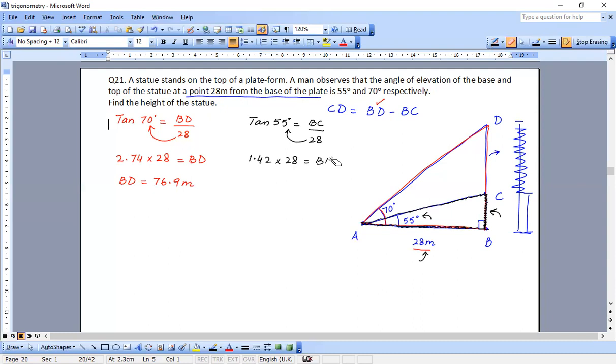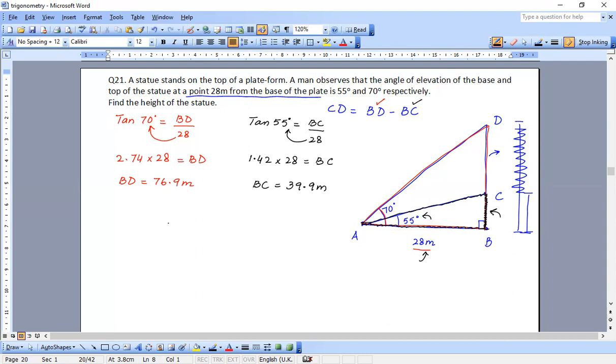This is BC. Here we go. So I'll multiply 1.42 with 28, we'll get 39.9. BC is equal to 39.9 meters.